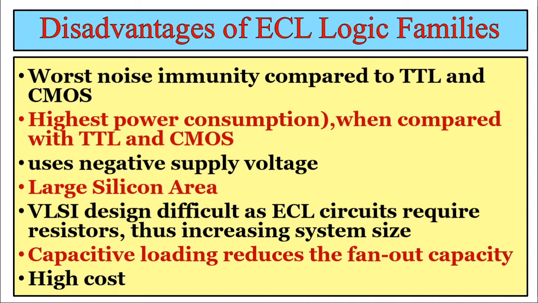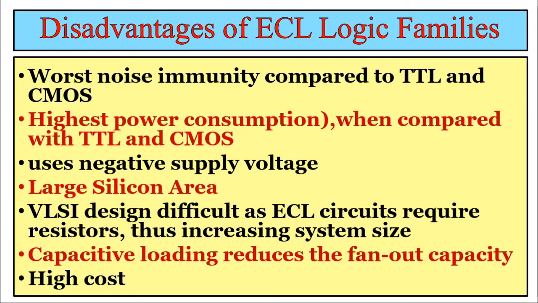It has power per gate of about 4 to 55 milliwatt. ECL logic families require large currents, therefore power dissipation is 3 to 10 times higher than that of TTL logic families. It uses a negative supply voltage, which makes it difficult to use ECL in conjunction with TTL and MOS circuits.